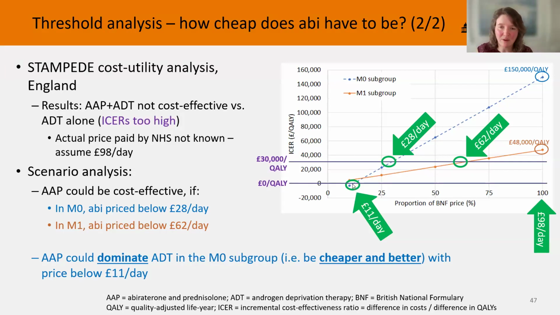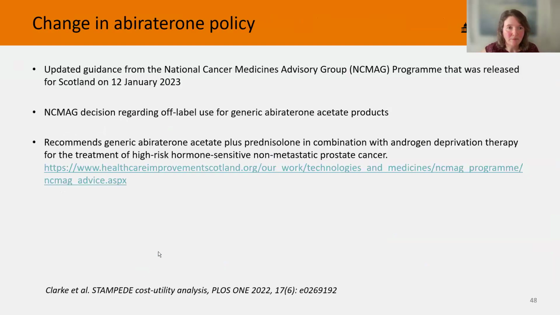So any price of abiraterone of £11 a day or less should be cost saving to the NHS, in terms of better health outcomes and lower cost. The generic pricing is around this, which is good. And Scotland has approved abiraterone in this group, which is good. We hope NICE will follow soon. But yeah, that was a big policy change.